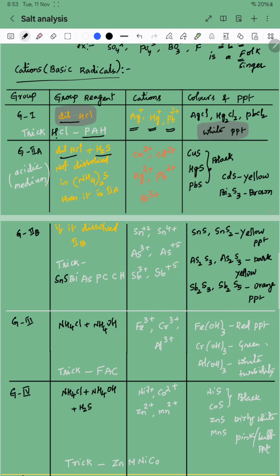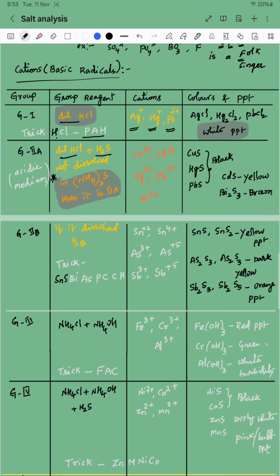And if the given compound does not dissolve in ammonium sulfide, this is the most important point, student, then it is second A. If it is dissolved in ammonium sulfide, then it becomes second B group, right?